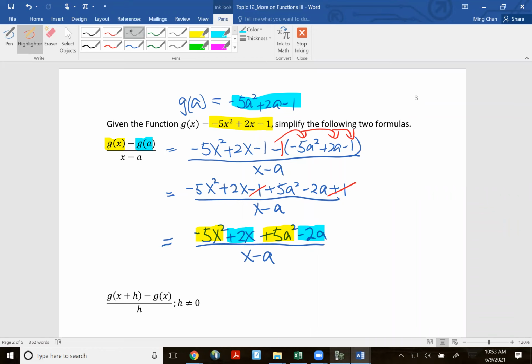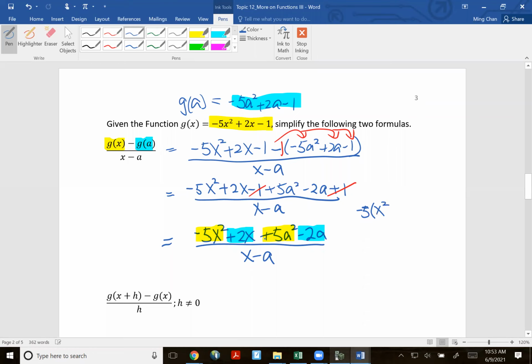So let's do this on the side. The factoring by grouping here is the key of this example. If I group the first and the third, the greatest common factor needs to be negative 5. Why? Because this x is positive. I don't want my x to be negative, so I factor out negative 5. If I factor out negative 5 from negative 5x squared, that should give me positive x squared.